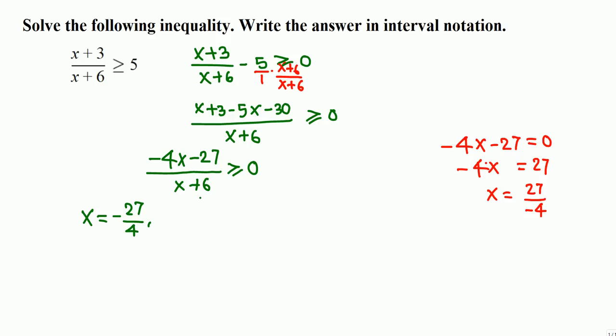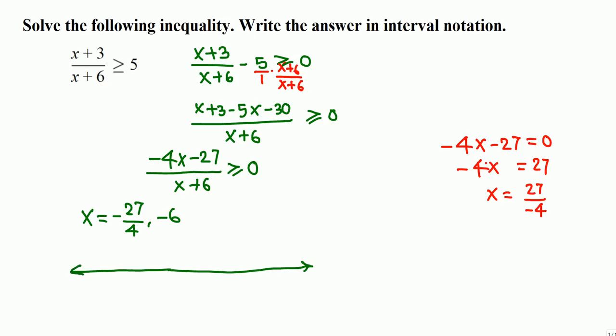So the top becomes 0 when x equals negative 27 over 4, and the bottom becomes 0 when x equals negative 6. Negative 6 plus 6 is 0. So we have this 0 from the top and this 0 from the bottom. Now we locate them on the number line.